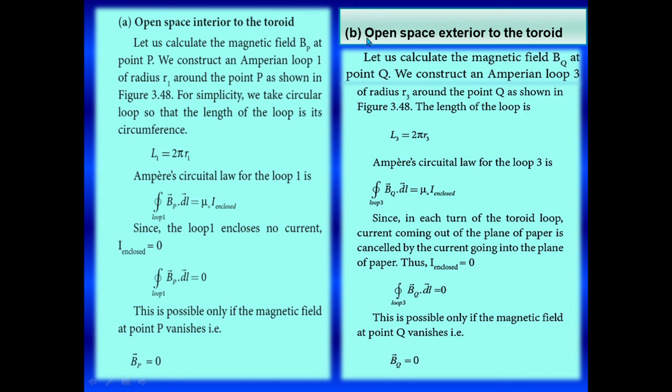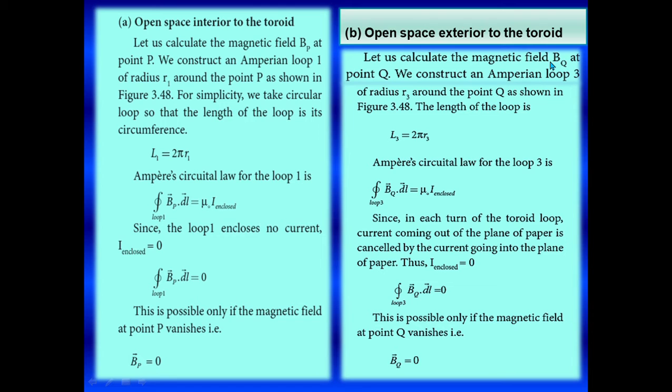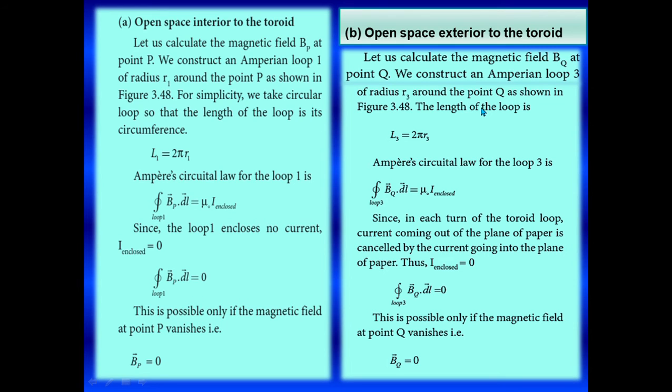Then second, one important thing, open space exterior to the toroid. Here the exterior point means Q. Let us calculate the magnetic field BQ at point Q. At point Q, we construct an Amperian loop of radius R3, as shown in the figure.